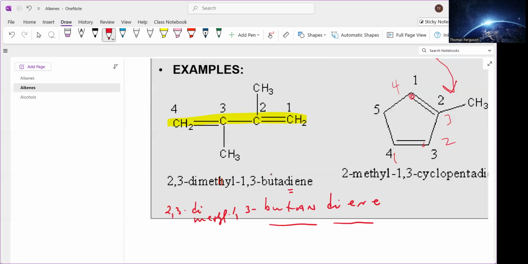All right, now we can also have cycloenes, just like we can have cycloalkanes. Oh, by the way, are there any cis or trans here? What you need to do to analyze that is to look at the double bond.